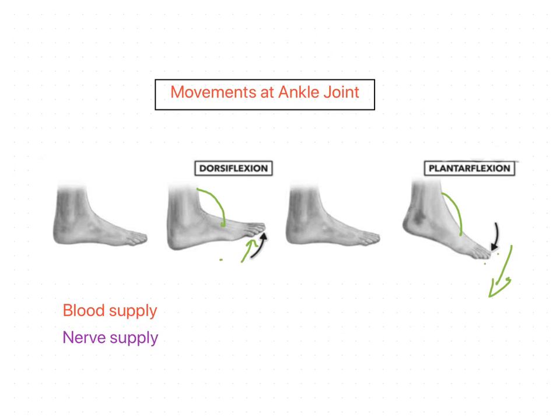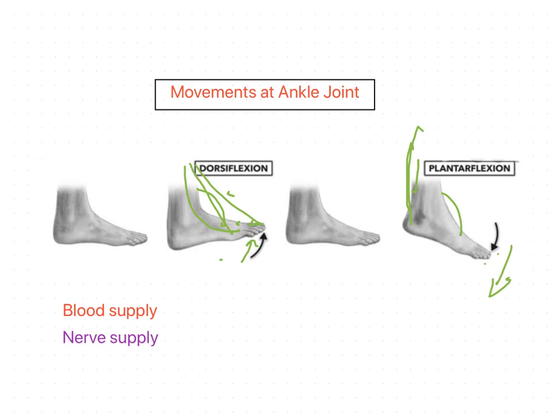The muscles which are responsible for these movements are, for dorsiflexion, the chief muscle is the tibialis anterior, and the accessory muscles which help in dorsiflexion are extensor digitorum longus, extensor hallucis longus and the peroneus tertius muscle. Next, for plantar flexion, the main muscles are the gastrocnemius and soleus.